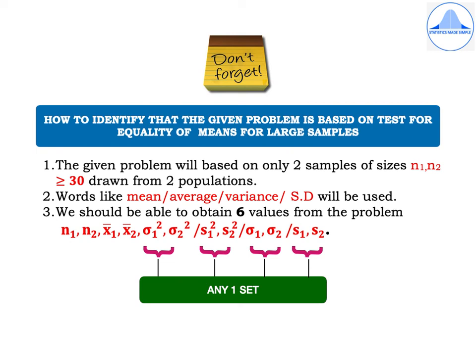So the 6 values which you're supposed to get are, you need n1 and n2, then you need x bar 1 and x bar 2, then you need sigma 1 squared, sigma 2 squared, or they have to give you s1 squared, s2 squared, or you need sigma 1, sigma 2, or s1, s2.